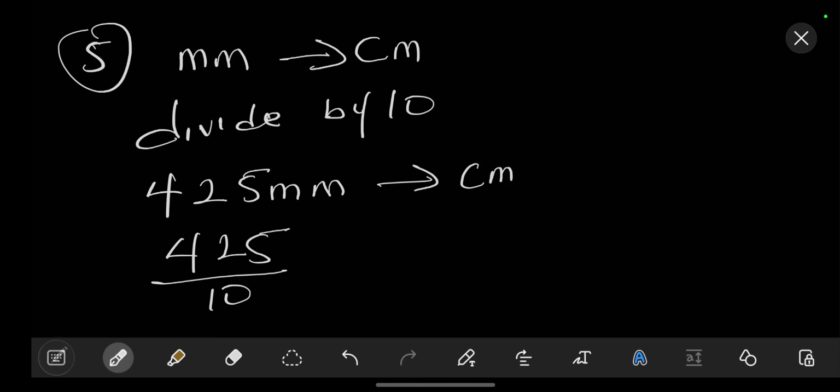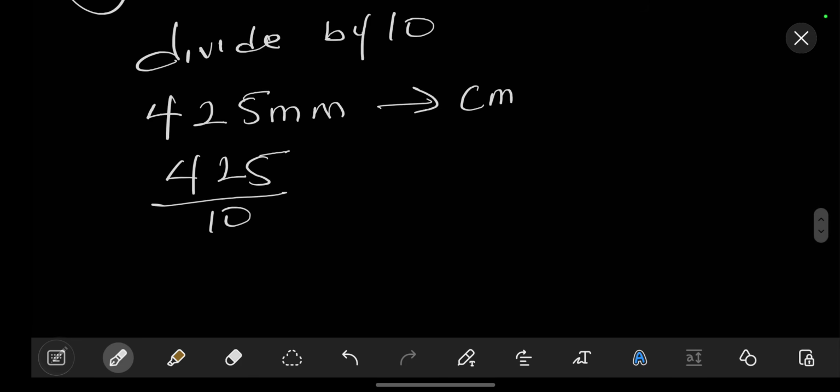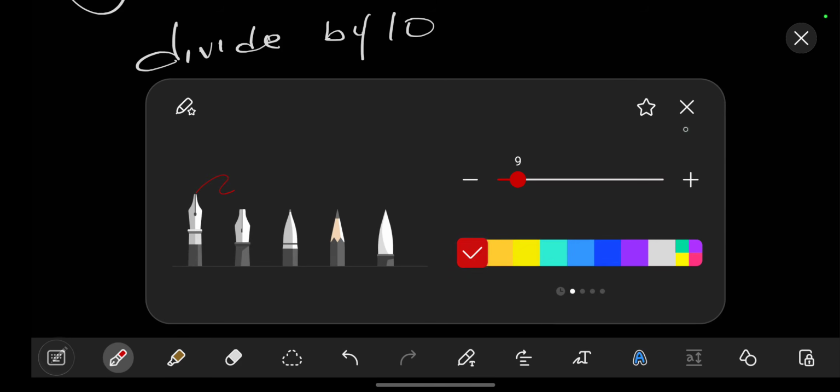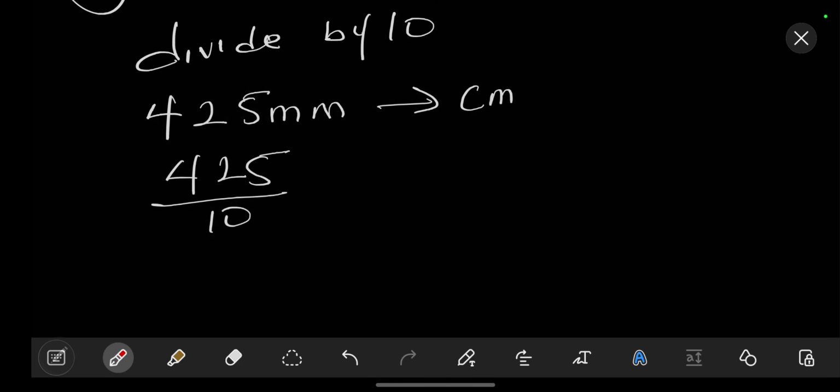So how can we divide that by 10? Well, for the calculator friends, if you do that division, you get 425 by 10. That gives you 42.5. But I don't like using calculator for this easy stuff. I just use what I told you before. So since we have a 10 here, we simply have to move our decimals backward because we're dividing. And our decimal is here, our imaginary decimal is here.